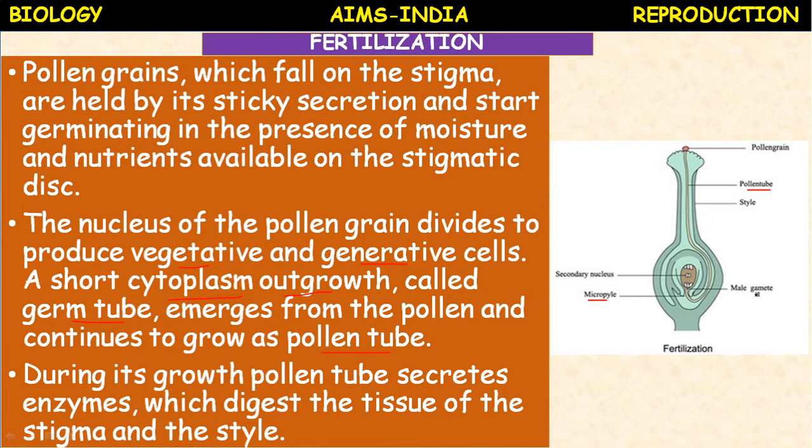Here the two male nuclei will enter, and one of them combines with the egg cell, which is protected by synergids. The middle one is the egg cell, and the other male nucleus fuses with the secondary nucleus or polar nuclei to form endosperm.